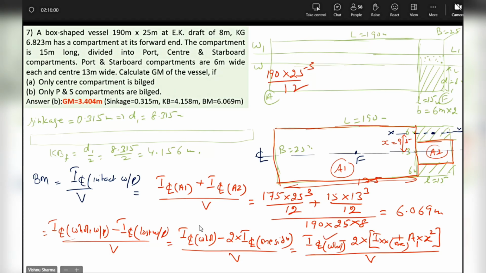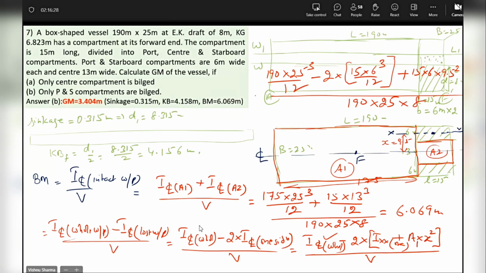That is this expression minus 2 into Ixx of one area, where length is 15, breadth is 6, cube by 12, plus area of one, which is 15 into 6, 90, into x square, 9.5 square, divided by LBD, 190 into 25 into 8. And this will give you the same answer of 6.069, unless there is a clerical error somewhere.